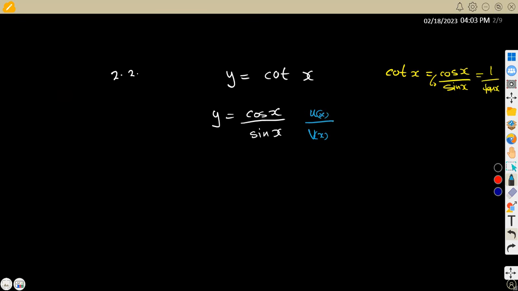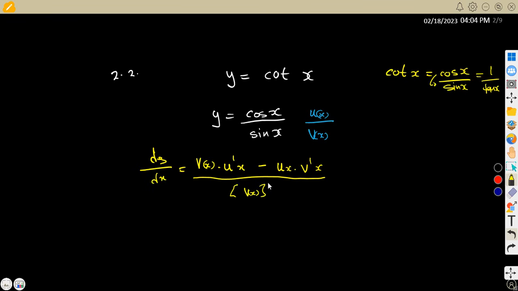So the formula for the derivative of y with respect to x is v(x) times the first derivative of u(x), then we subtract u(x) times the first derivative of v(x), all over v(x) squared. Someone can also write this as v du/dx minus u dv/dx, depending on which way is comfortable for you guys.